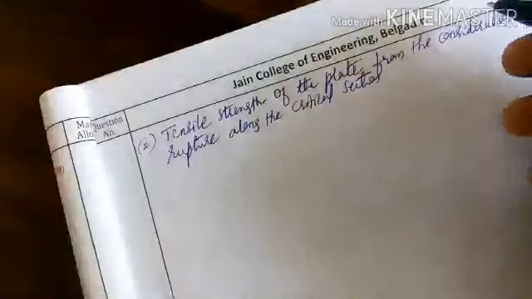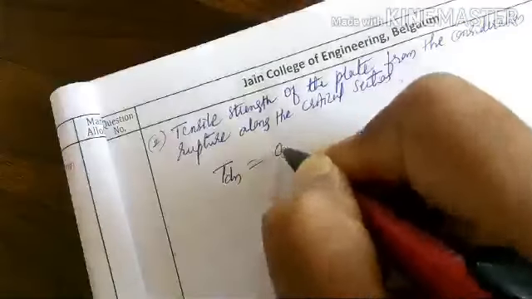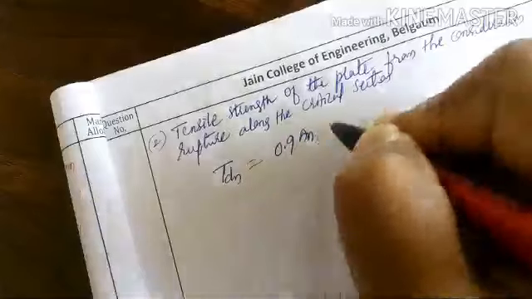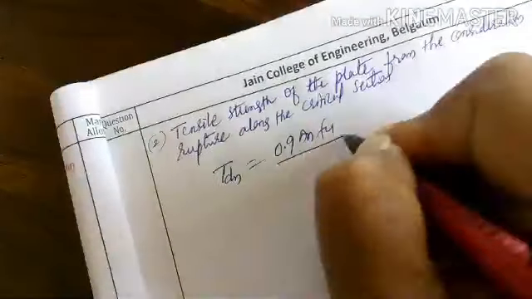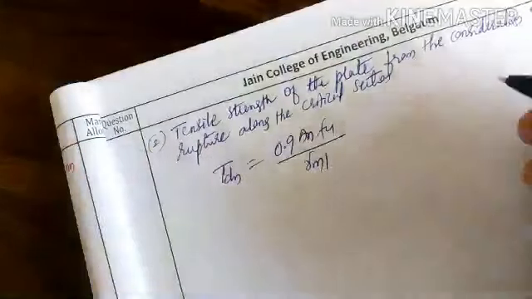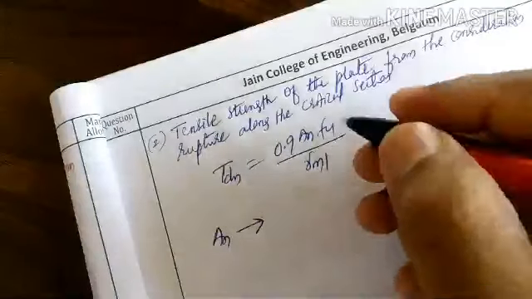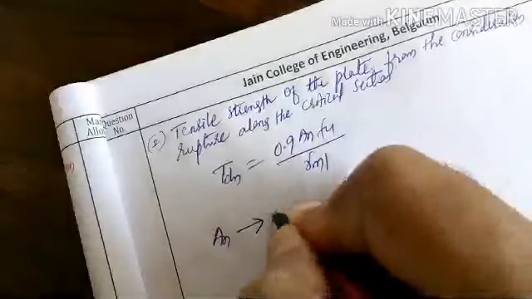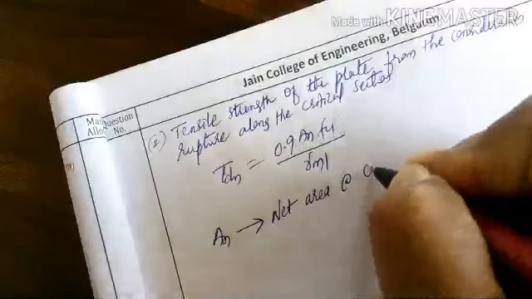Here TDN will be 0.9 AN FU divided by gamma M1, where AN is the net area at critical section.